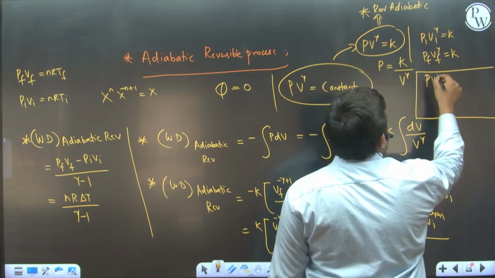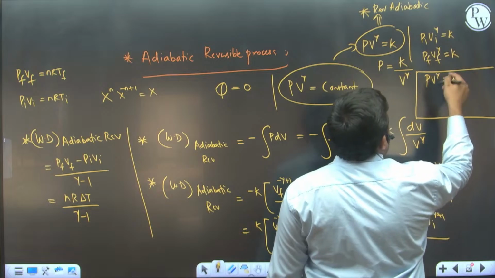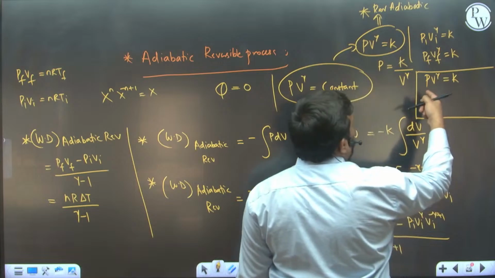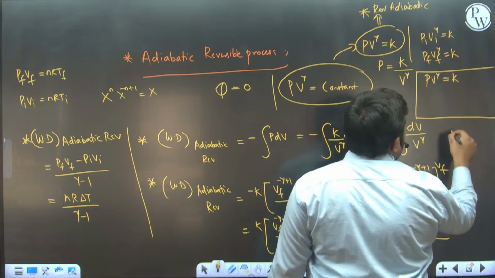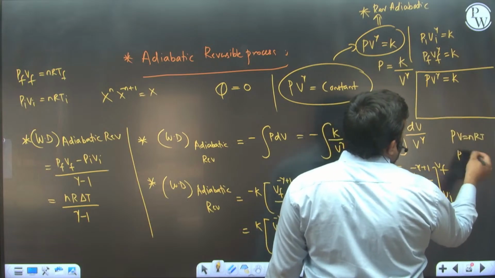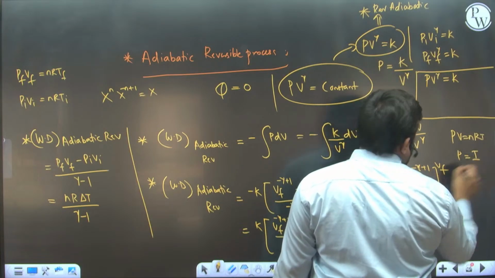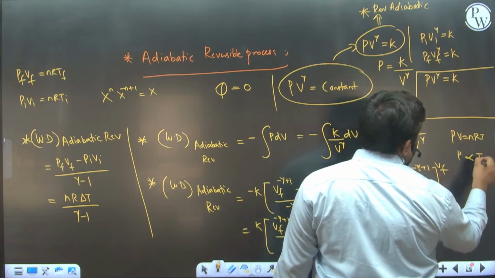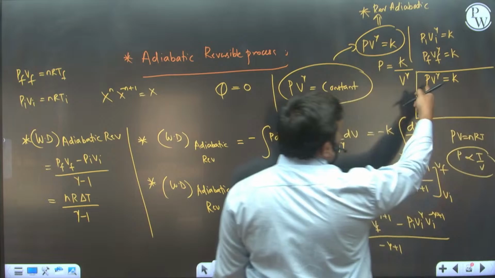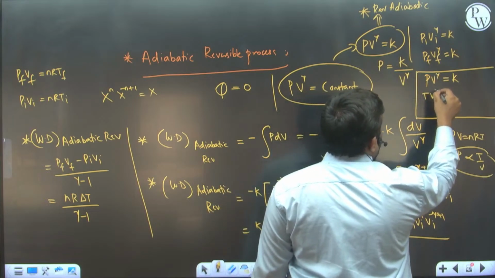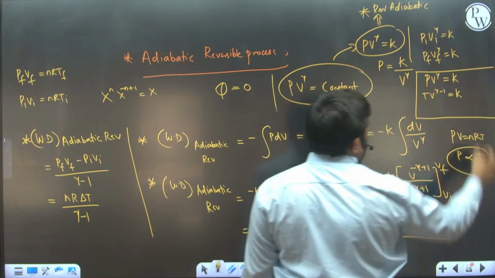PV power gamma is equal to constant, and in place of P you can put, since PV is equal to nRT, T by V, I am directly writing the proportional. If you put this T by V in place of P, you will get T V power gamma minus 1 is equal to constant.